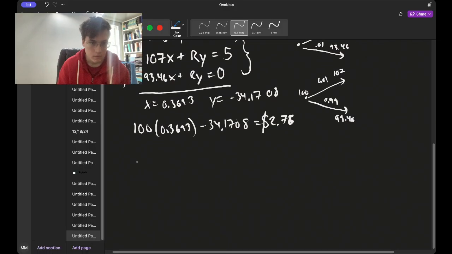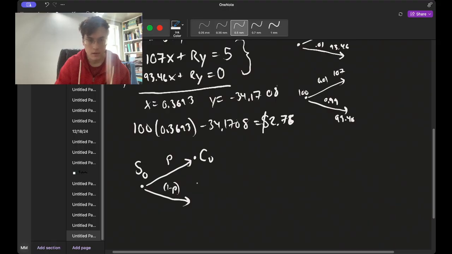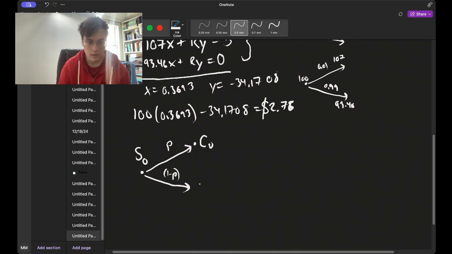Finally, I want to solve this using abstract numbers. So here we have S0. It goes up with probability P, and it goes down with probability 1 minus P. And then here, the payout is CU. And then here, the payout is CD.